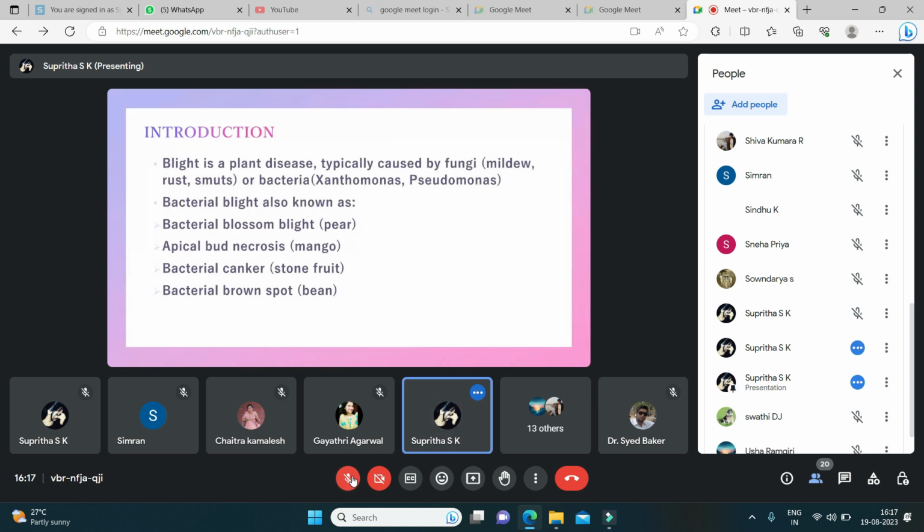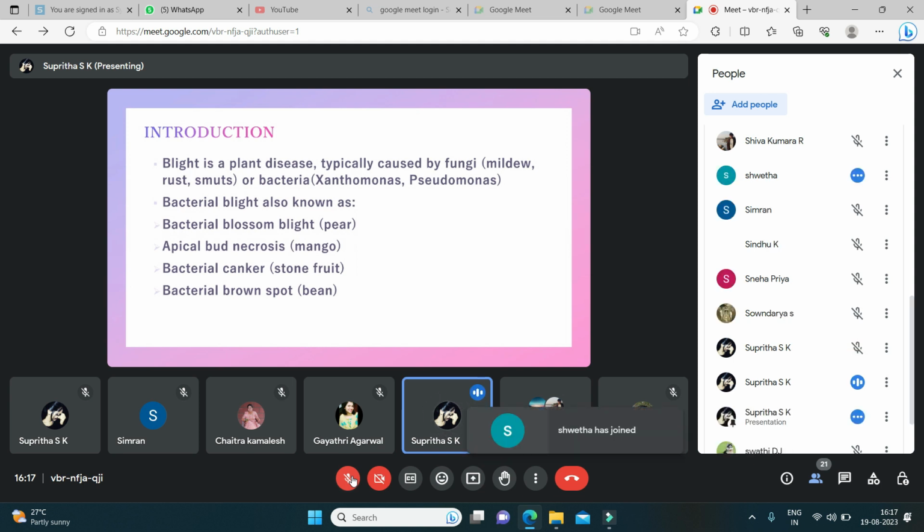Depending on the particular plant, like bean, pear, or pomegranate, we name it differently, such as bacterial blossom blight in pear, apical bud necrosis in mango, bacterial canker in stone fruit, and bacterial brown spot in beans. These are the names with respect to the particular plant.